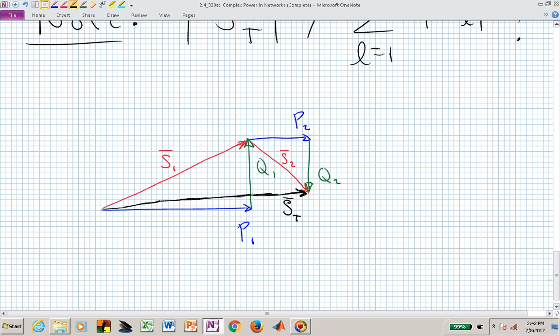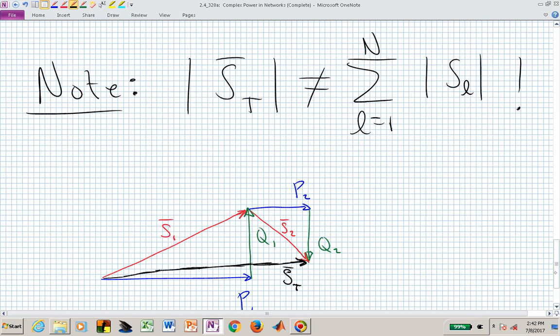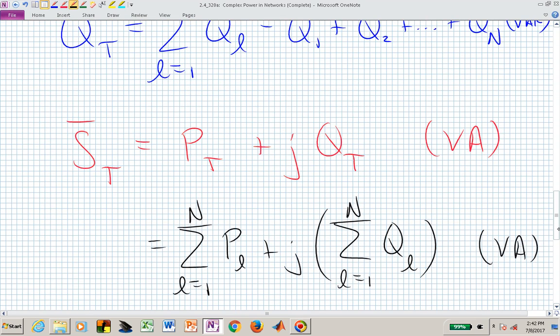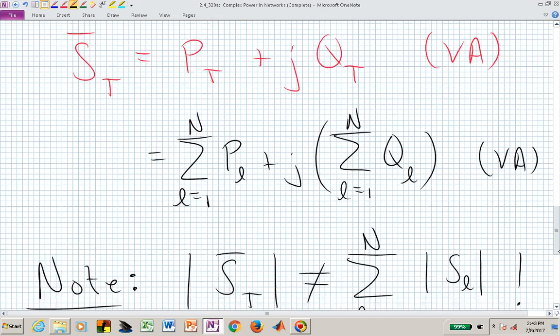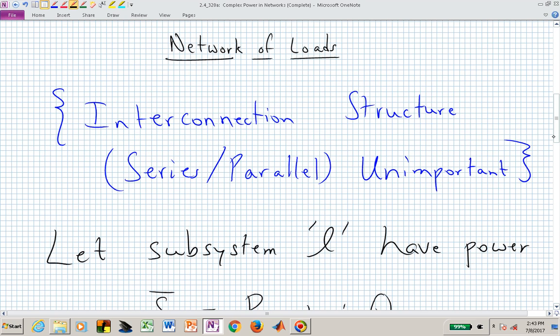That's a way to convince yourself that you can't add apparent powers to obtain the overall apparent power, but you can add the real parts and the reactive parts, and those added up in total give you the total complex power of the interconnected network. And it doesn't matter how those individual loads are interconnected.